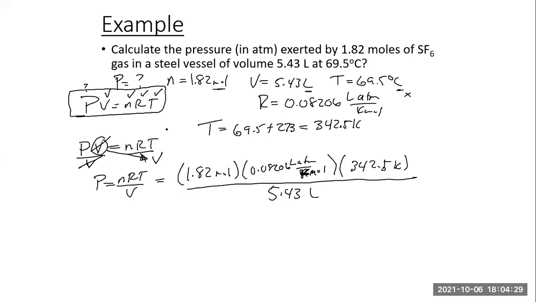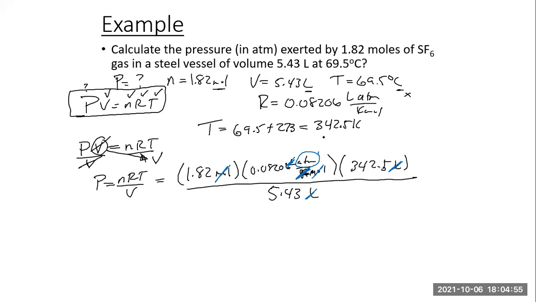In terms of units, everybody's going to cancel out except for the one that we need, which is good. The moles on top and moles on the bottom will cancel. Kelvin on top and Kelvin on the bottom will cancel. Liters on the bottom and liters on top will cancel. It leaves us with atmospheres, which is good because that is a unit of pressure and what we're looking for.